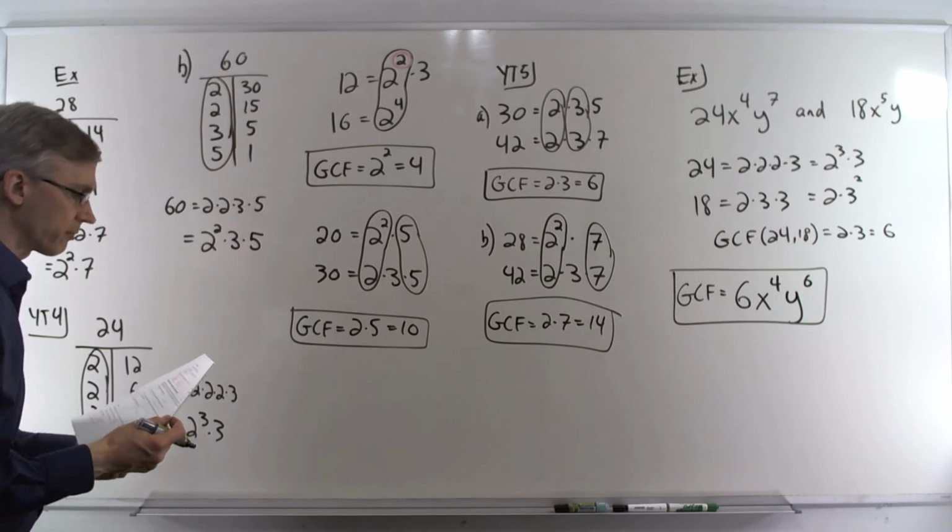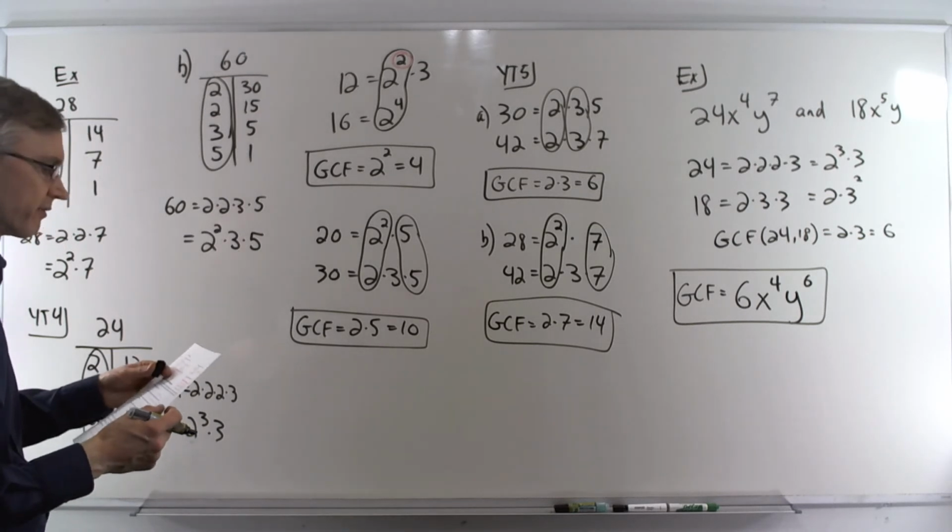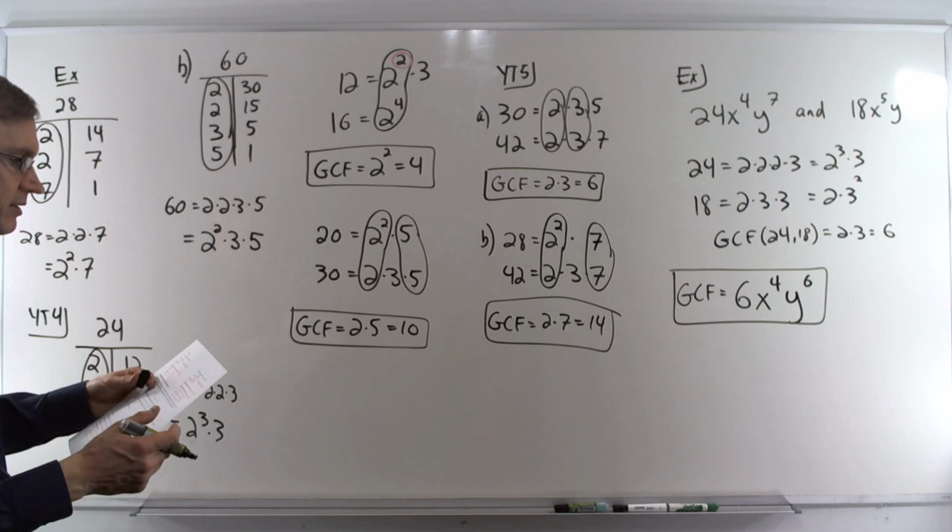That brings us to your turn, number 6. Find the GCF of 4x to the 5th and 6x to the 3rd.